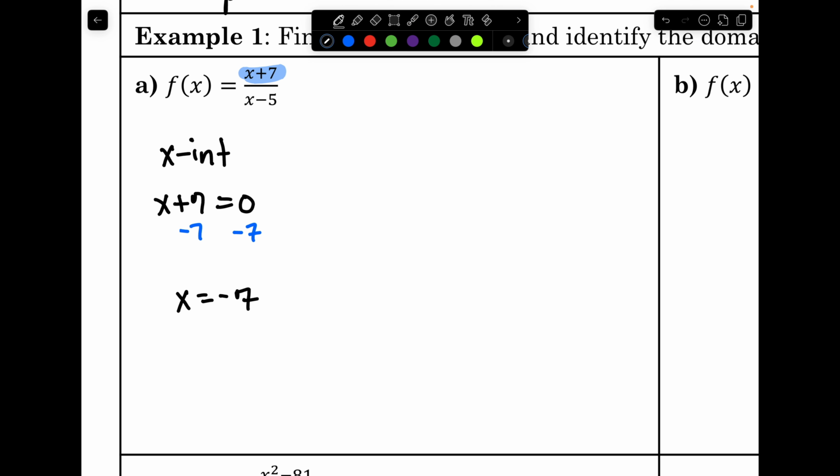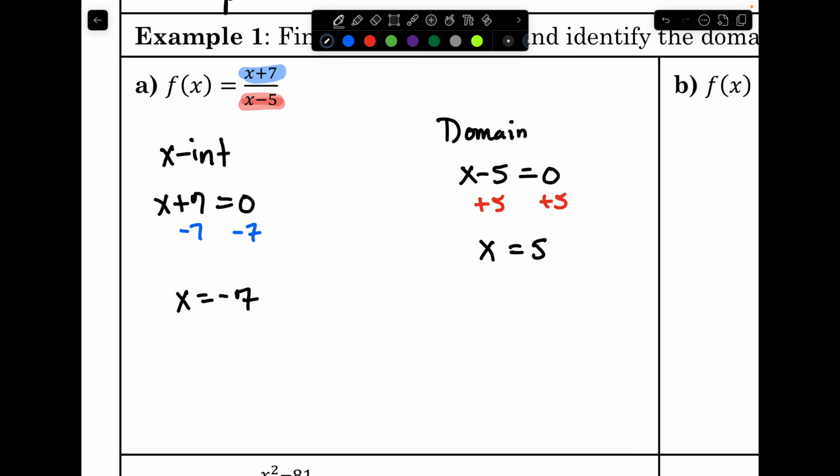So let's identify what the domain is now. To identify the domain, we look at the denominator, x minus 5, and figure out what makes that equal to 0. Adding 5 to both sides means that x will be positive 5. So x minus 5 equals 0 when x is equal to positive 5.